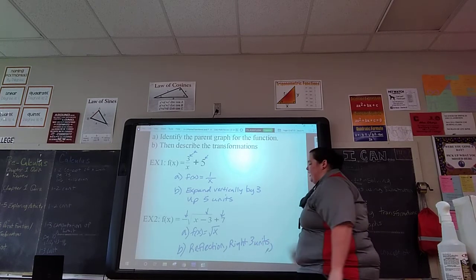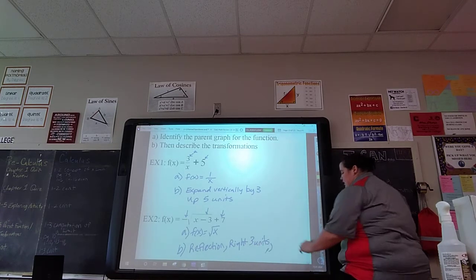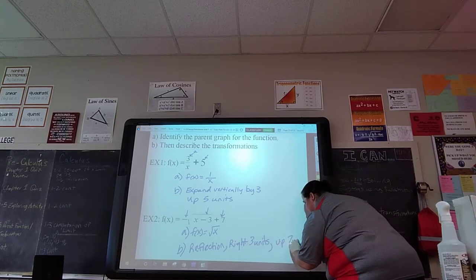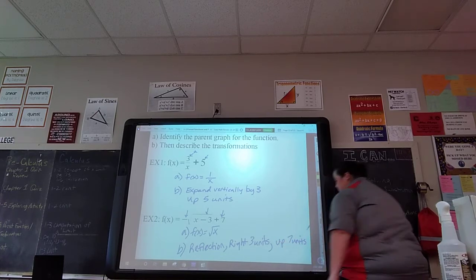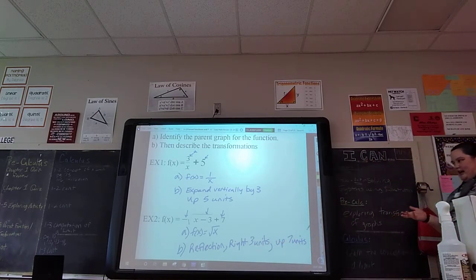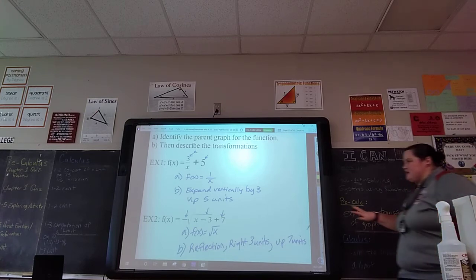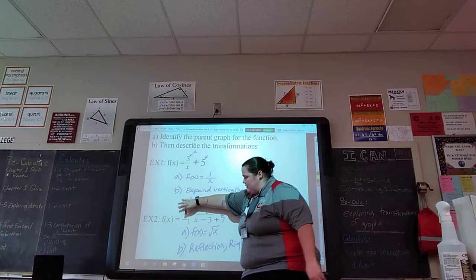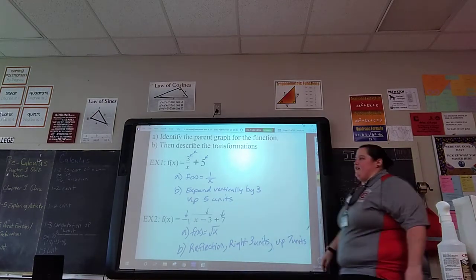And then what about that 7? Up 7 units. So that one didn't have a dilation, because if you look in front, it's just a negative, there's no number. So I knew it didn't have an expand or compress. It's only expand or compress if you see a number other than just a negative.